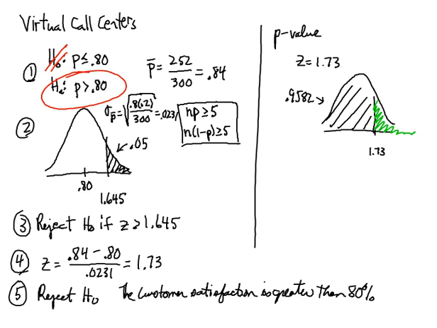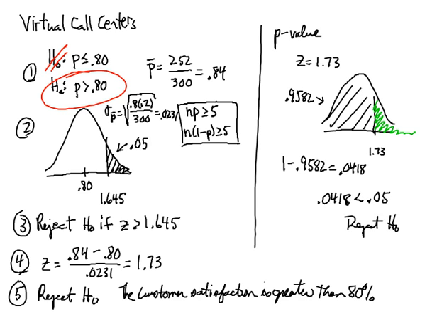So what I've got to do is take that 0.9582 away from 1, and I come up with 0.0418. So since 0.0418 is less than 0.05, we reject h sub 0.